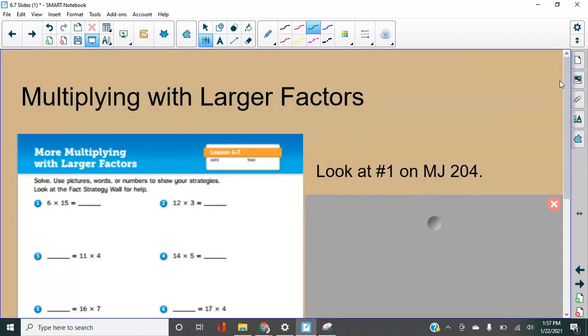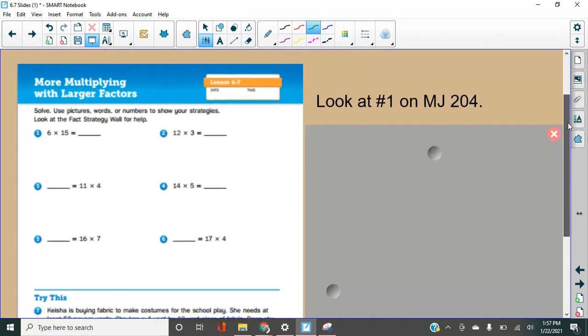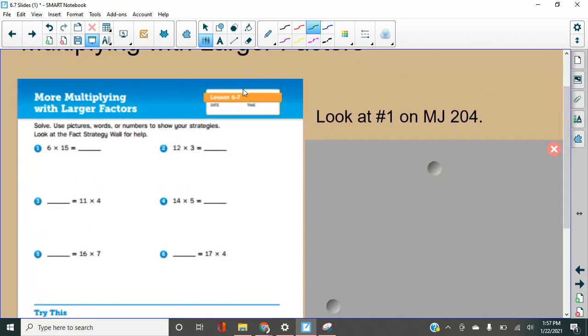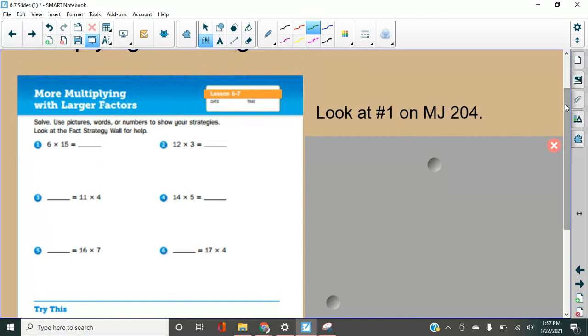All right, here is your math journal page. You're going to be looking at math journal page 204. And in each one of these, you can see a larger factor for us to split up. So see that 15? Let's split it up.